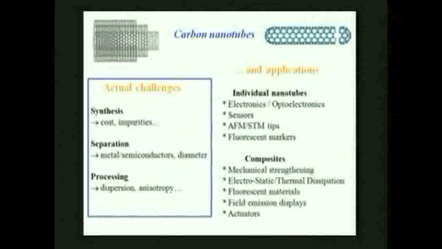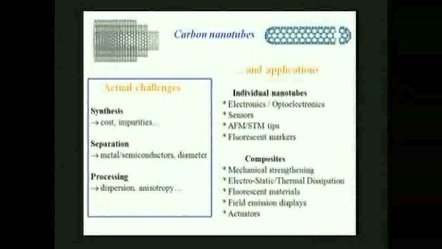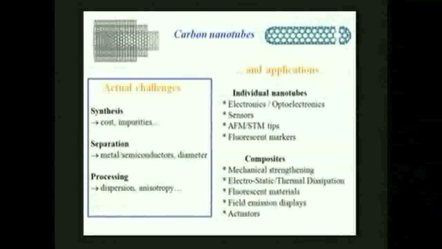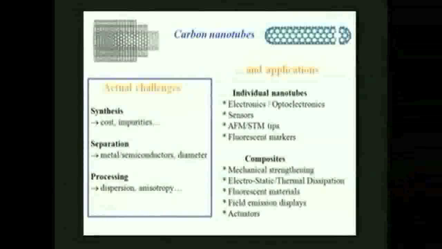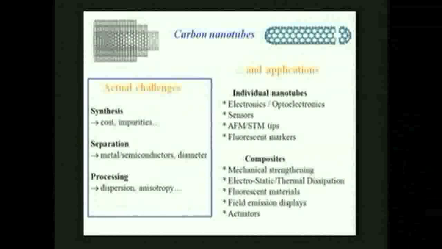When you say that they emit light, it's only with light polarized parallel to the axis. So all the properties are very anisotropic. If you want to take advantage of this, you have to find a way to align the nanotubes in the composites. And that's also not that easy.